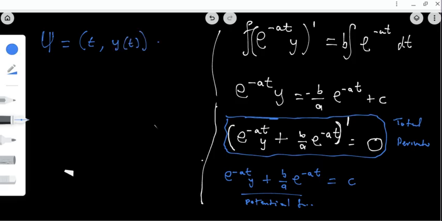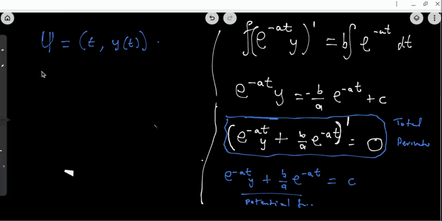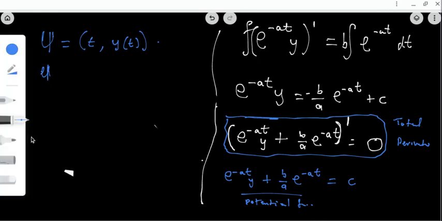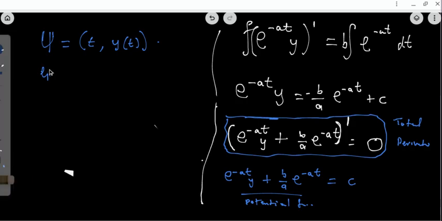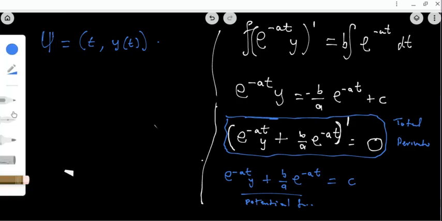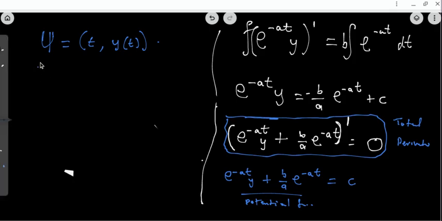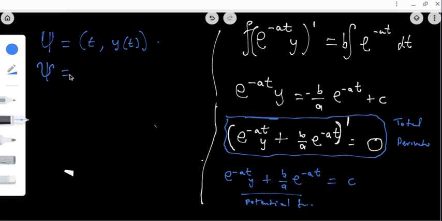Let me write it well so that I will distinguish it from the symbol U. So the potential function is something like this, and it should be equal to, remember, the potential function is always equal to C. So this is what we call the potential function.